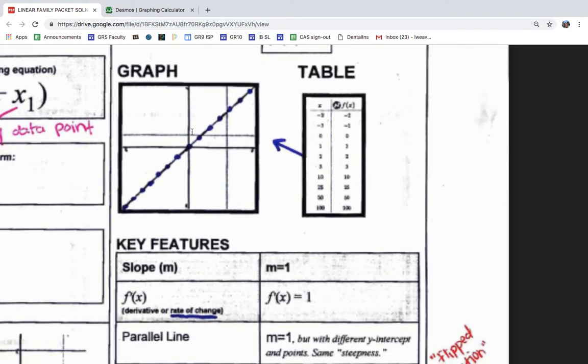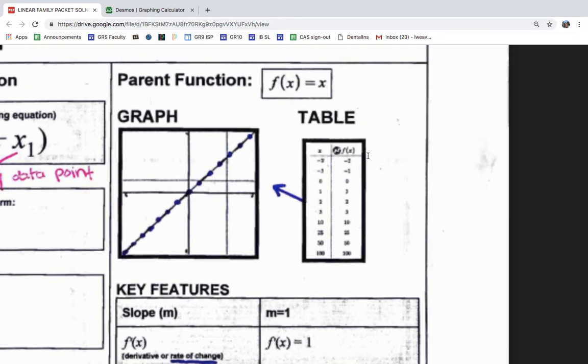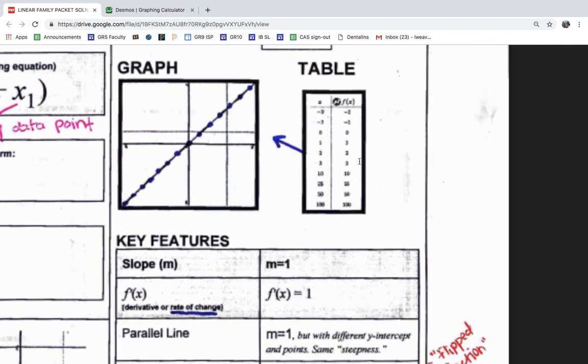And it would look like up 1 over 1, up 1 over 1, up 1 over 1. It would have a slope of 1, and then a y-intercept of 0 right there. And we could get all of our data points in our table, and we could label each of those xy values along the graph. So for instance, this would be the point 1, 1, which is found in our table. The x value is 1, and the y value is 1.